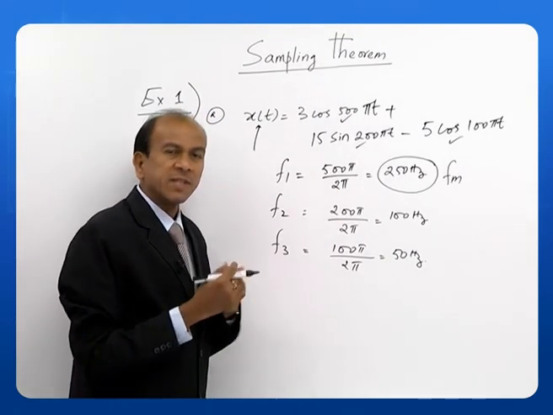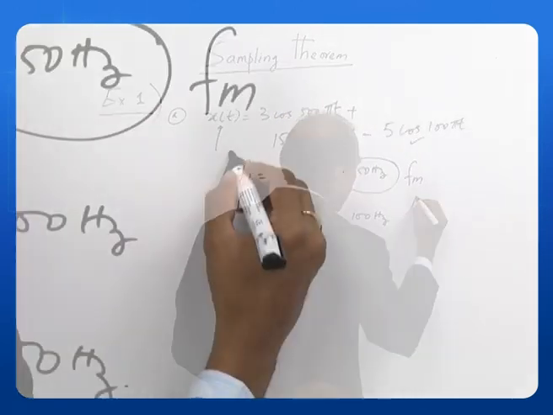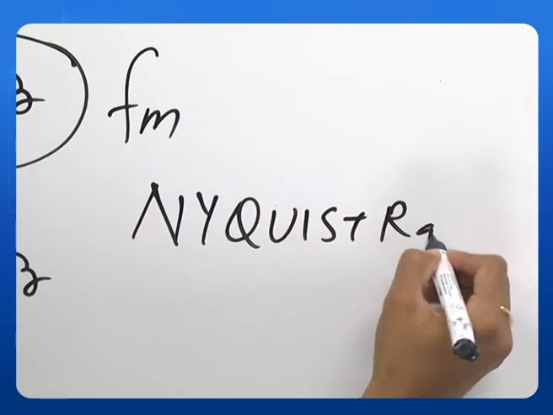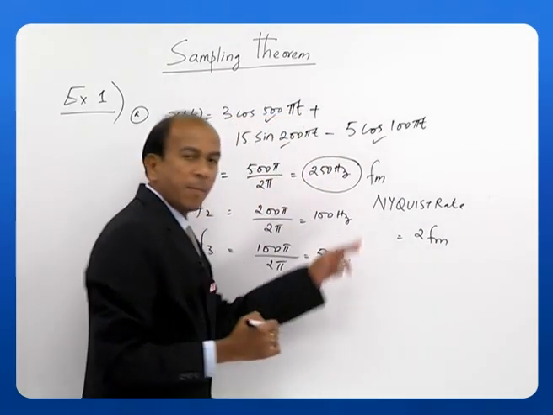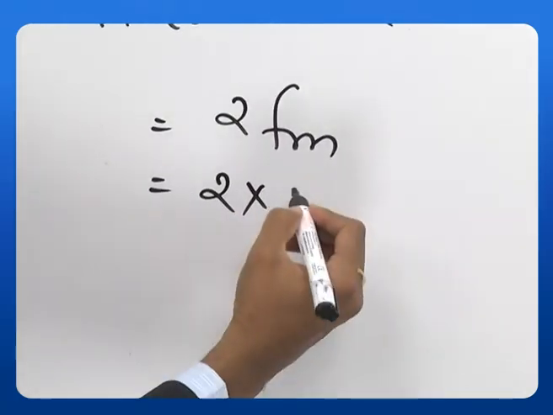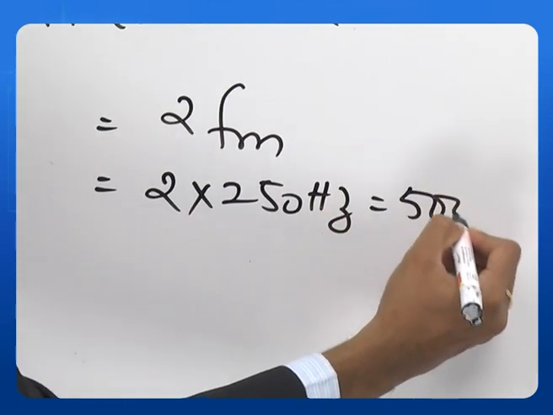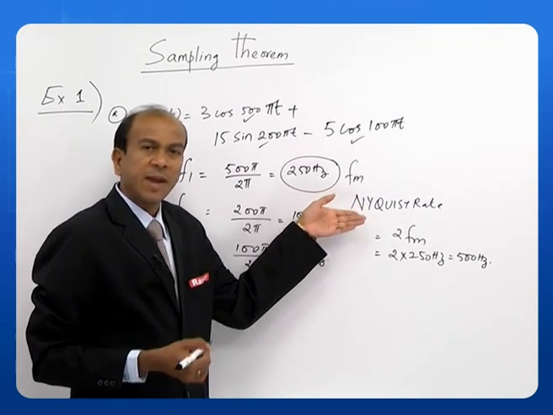Now, what is the Nyquist rate? Nyquist rate is equal to twice the maximum frequency. So what is twice the maximum frequency? This is 2 into 250 hertz, that is equal to 500 hertz. Similarly, I can calculate the Nyquist interval.